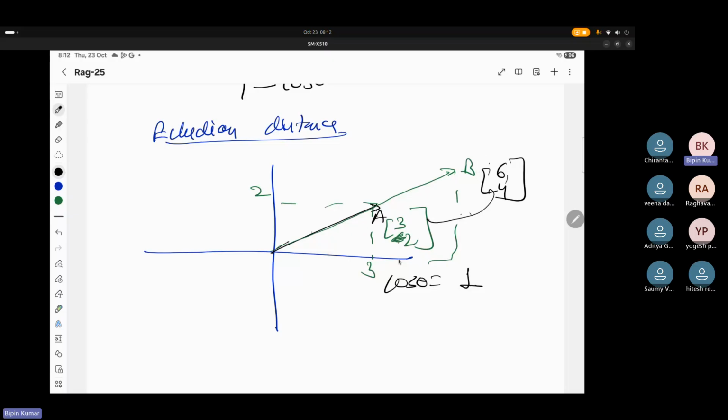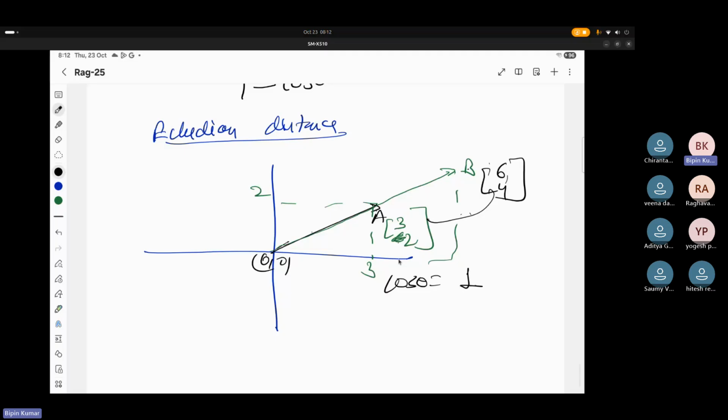Length is nothing but the distance from 0 0 to B. In the case of cosine similarity, it doesn't differentiate whether vector b is larger or smaller. It will only capture the angle. In this case the angle is the same between a and b.